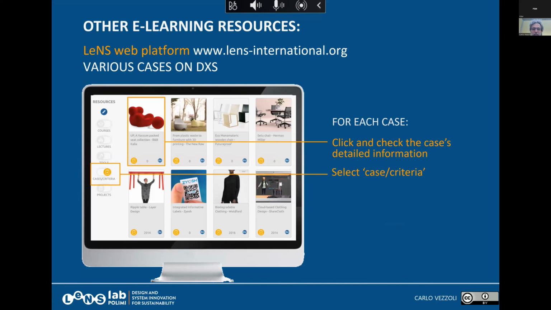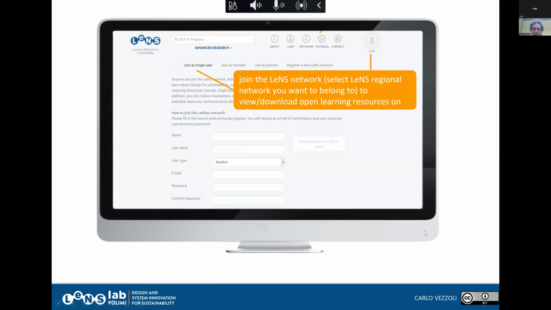There is a space for case studies. For example, here we have a case of a furniture, and everything is free to view and download. You just have to log in as a single user, register as a member of LENS Europe, because this will be asked, and that's it. And then you can see and view all the things.